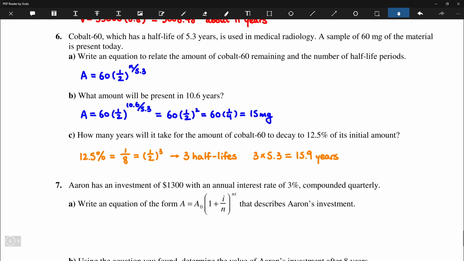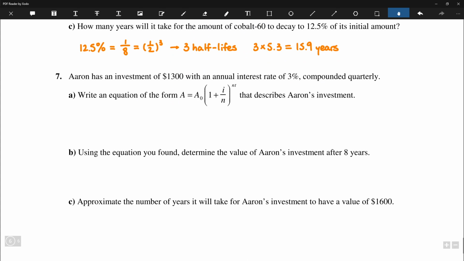All right. So let's look at the last question. We are given the equation to find compound interest and amounts. So here it is. Here, A is equal to 1,300, the initial investment.